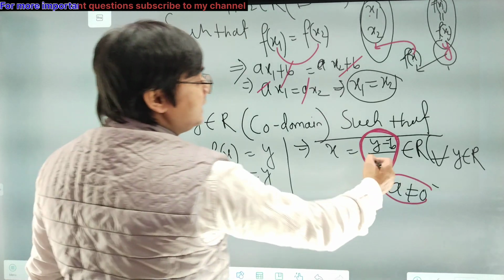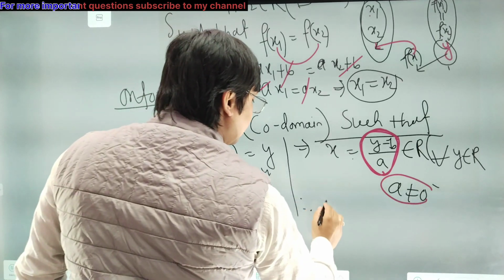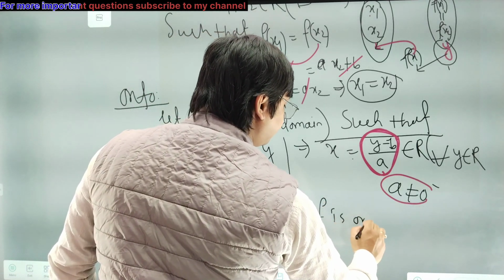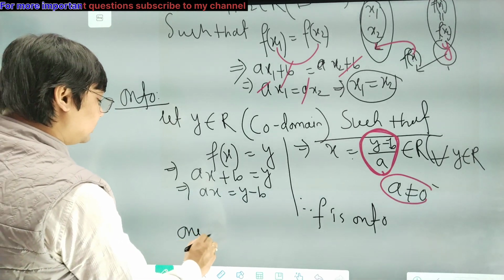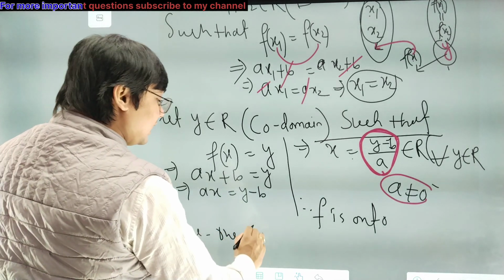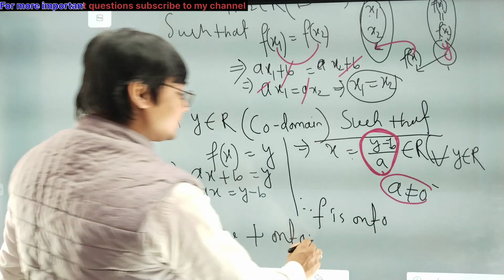That means this x also will be in the domain. So what we can say here, f is onto. Hence this function is onto as well as one-one. So this function is one-one plus onto, so we can say this function is bijective.